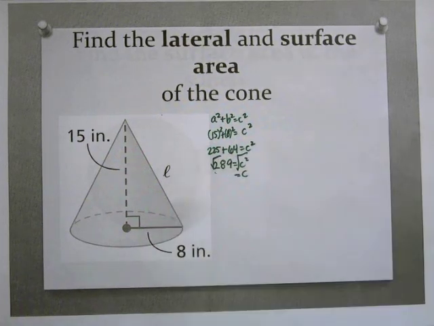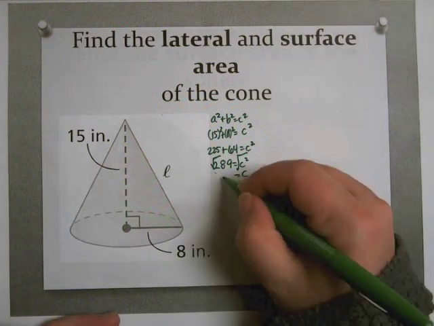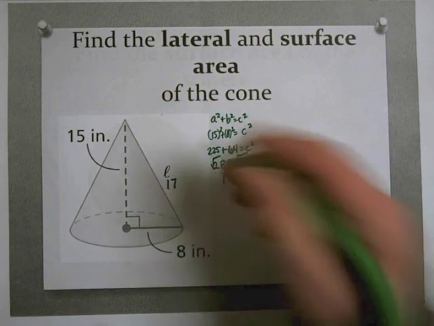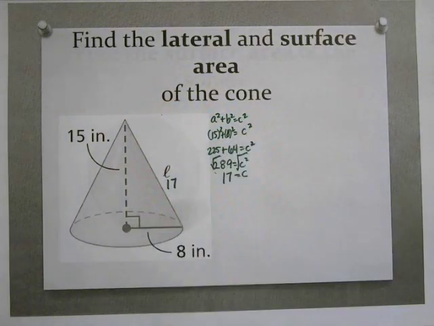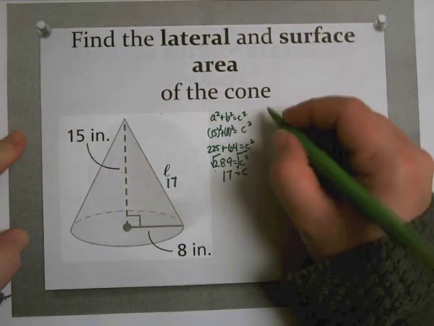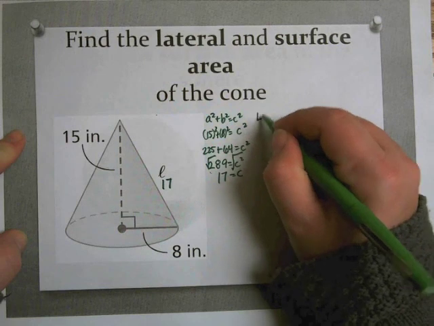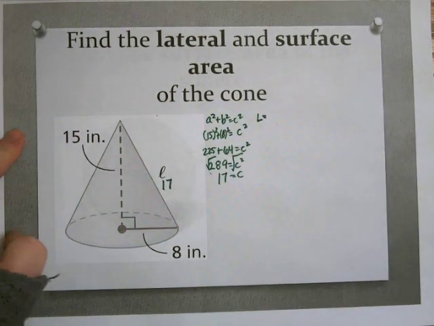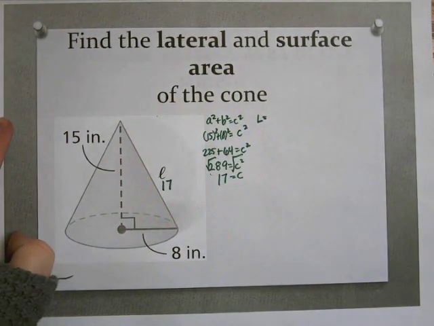Square both sides. Remember, opposite of square, and take the square root of both sides. So the square root of 289 is 17. So that means our slant height is 17. Now we're ready to rock and roll on finding our lateral area. So our lateral area, remember it was 1/2 of the perimeter.